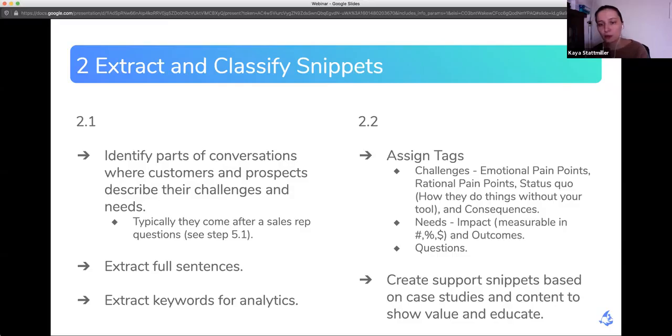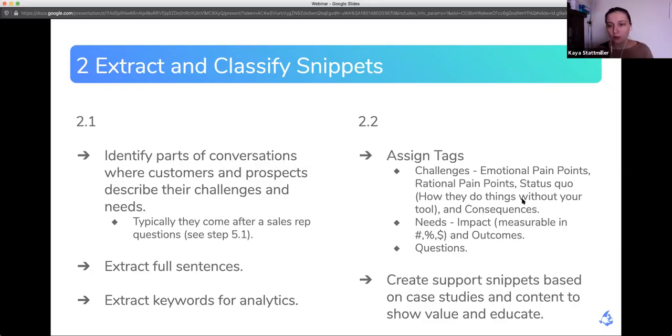The next step is to assign tags. Tags will help you navigate through those phrases when you are creating the emails. The basic set of tags that I recommend is emotional pain points, rational pain points, status quo, meaning a description of how they do things right now without your tool, and then the consequences, which are negative consequences.